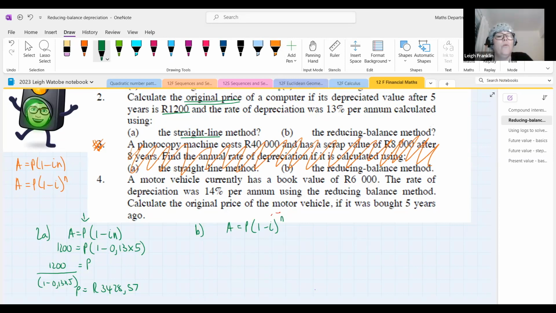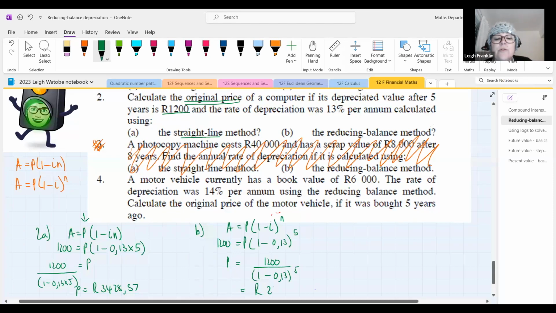So again, we have to calculate P. So we've got 1200 equals P(1 minus 0.13) to the power of 5. So when we calculate P, we are dividing 1200 by the bracket. Your P value should be 2407,60.